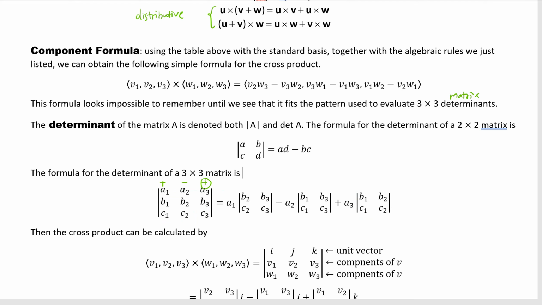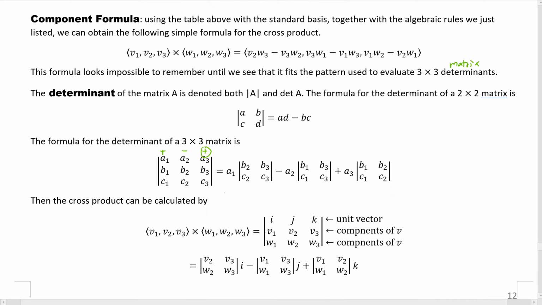And when we continue, this is just cross multiply but subtract. So B2 C3 minus C2 B3, and this is A2, and then cross multiply but subtract: B1 C3 minus C1 B3, and then we have A3 times B1 C2 minus C1 B2.